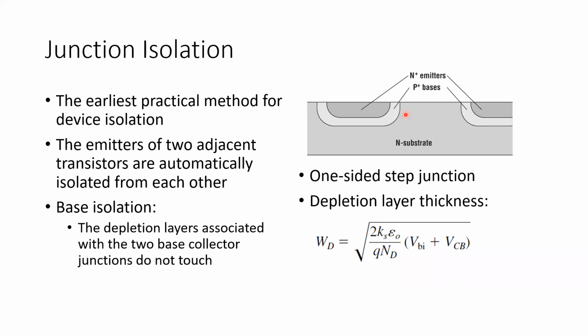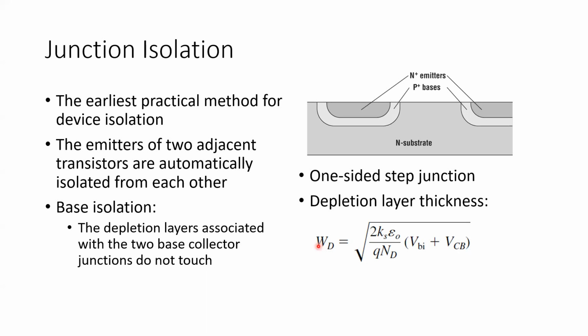For the depletion, we have our depletion layer thickness, WD. This is from semiconductor device physics, just a quick review of these equations. This is not a focus for this course, so we just need some basic concepts.